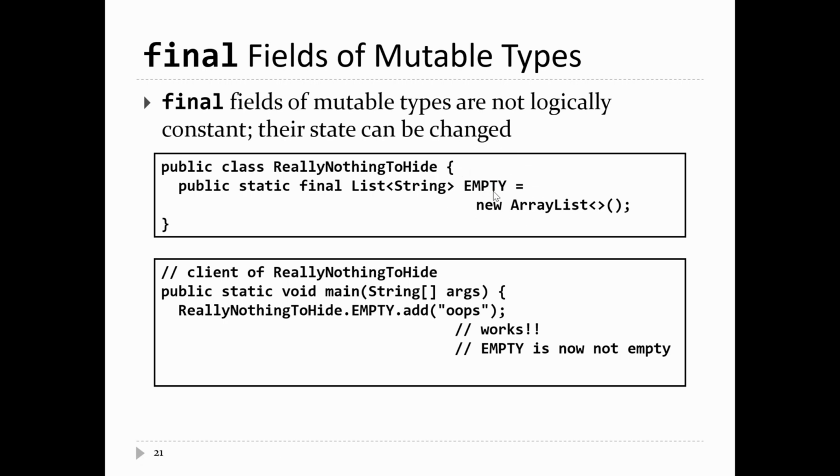This works. So it's true, you can't assign another list to empty, but you can, in fact, change the state of the list that empty refers to. You can add stuff to it, you can remove stuff from it if there's something in it, and so on and so on and so on. And so in this case, your field empty is not logically constant. Yes, it always refers to the same list, but the state of the object can change.